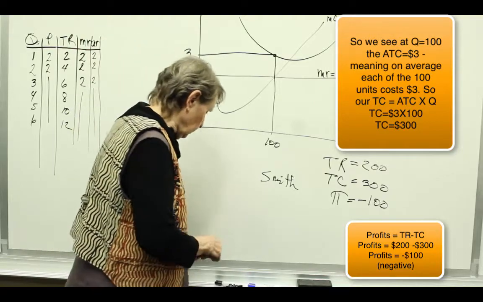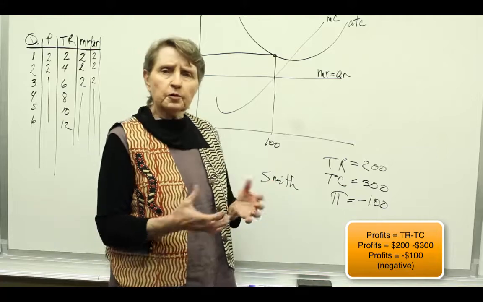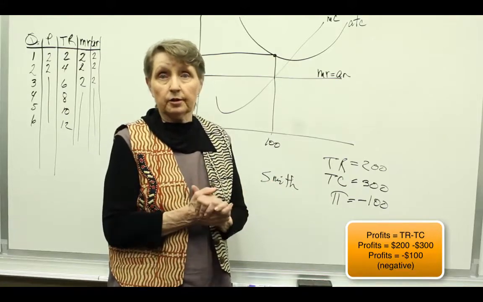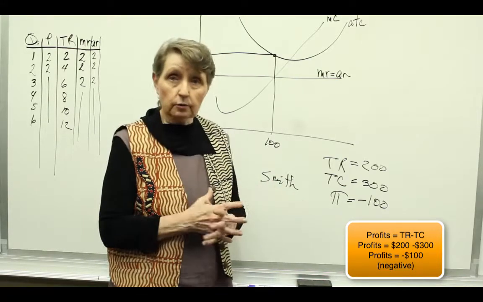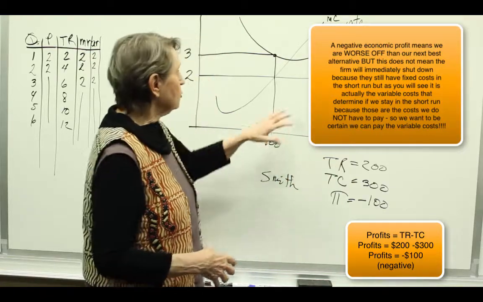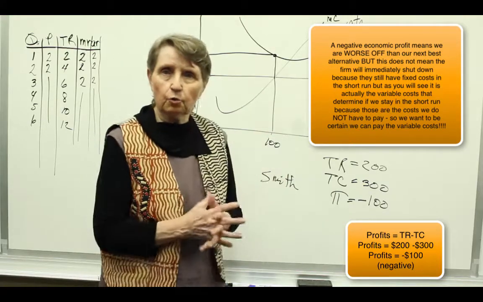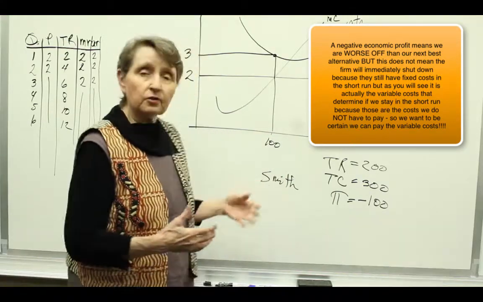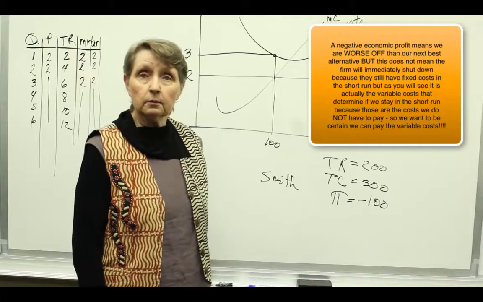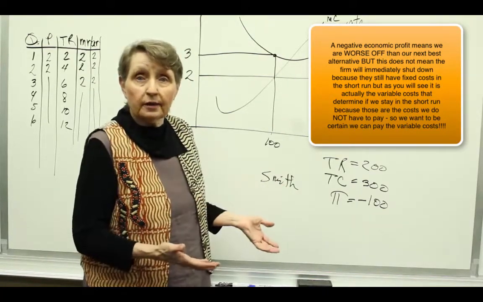Now, something we need to think about is firms sometimes operate when they're taking losses. Not always. Sometimes they shut down, sometimes they continue to operate. And so what we want to do is look at Farmer Smith's situation, and he has to decide, look, I'm losing money. Should I shut down or should I continue to operate?